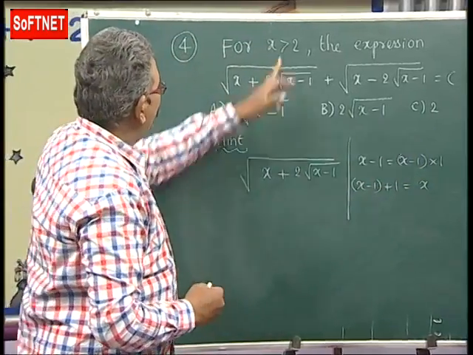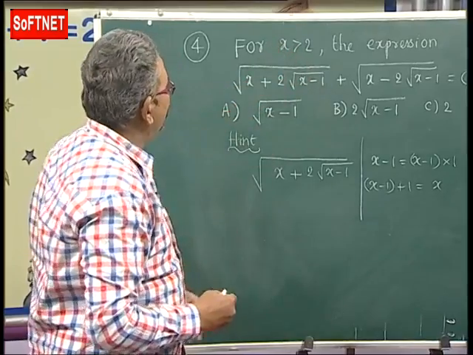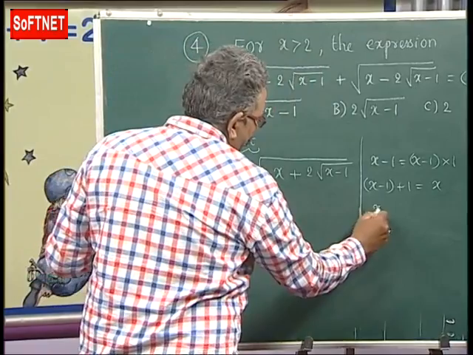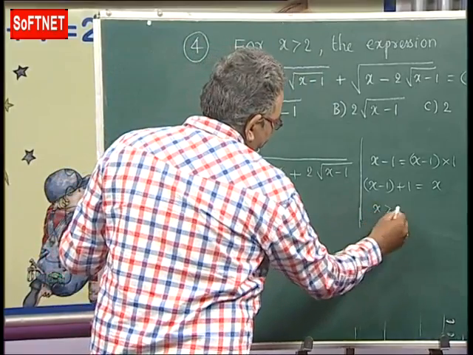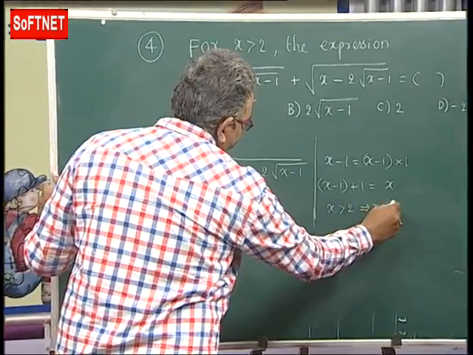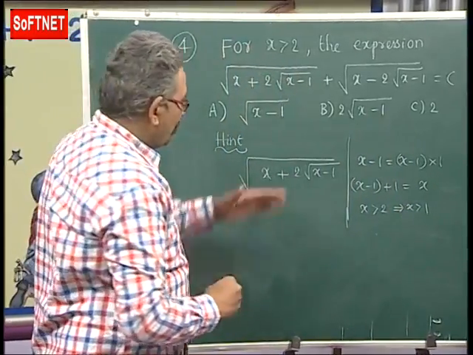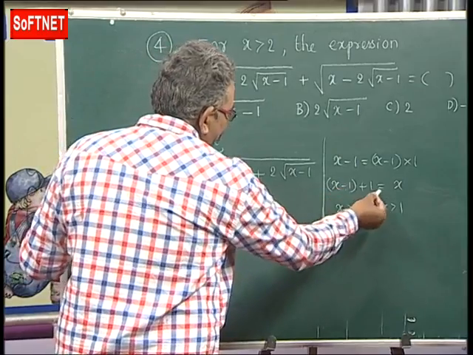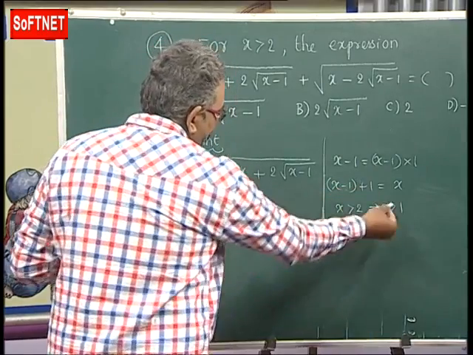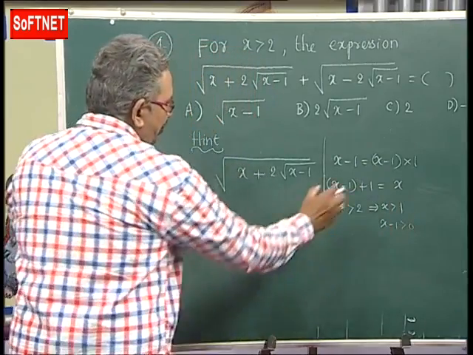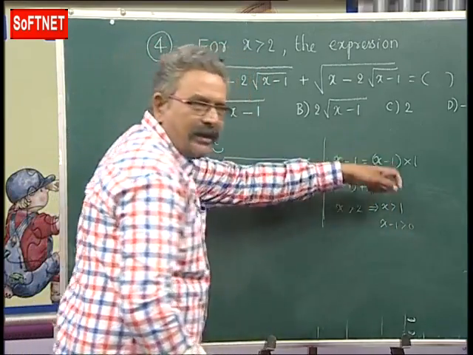What is the condition given? x greater than 2, which means x is also greater than 1. So x minus 1 is greater than 0, and we have two factors, x minus 1 and 1.